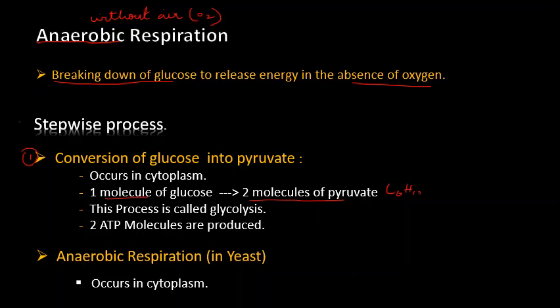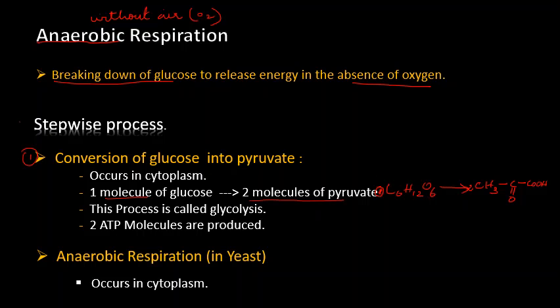Now let's see once again. C6H12O6 is the glucose. It is converted into pyruvate. This is the formula of pyruvate. We already learnt it. And here one molecule, one 6 carbon atom molecule of glucose is converted into two molecules of pyruvate or pyruvic acid.